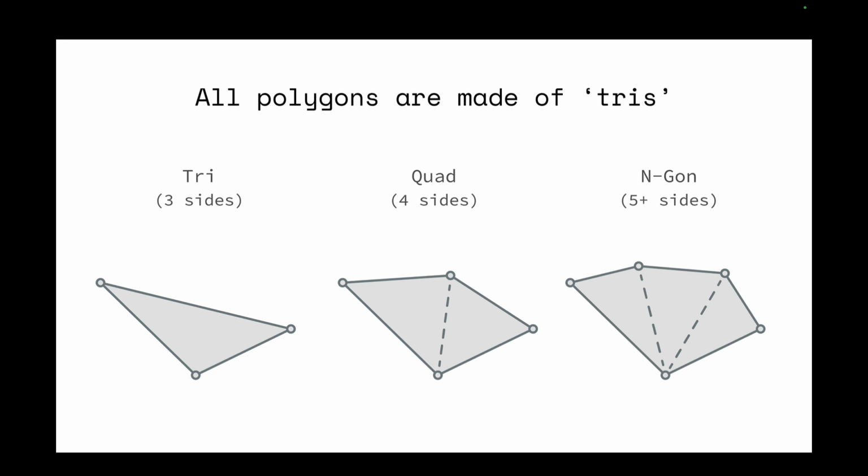So quad is just 2 triangles, and an n-gon is n number of triangles. But essentially, you want to predict or control where those 2 triangles are going to meet, and the software is going to decide for you. So the less planar your polygon, the more unpredictable the shape of that polygon might be.